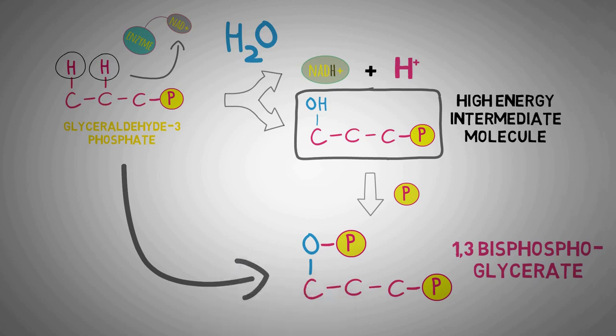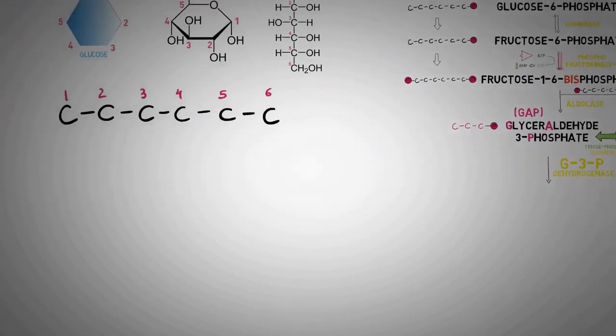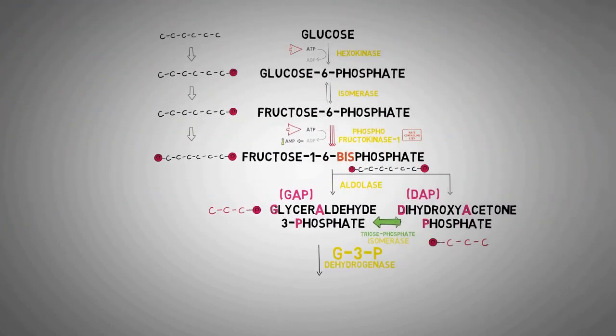Now coming back to the main pathway of glycolysis, we started with glucose, a 6-carbon compound, which is then converted to glucose 6-phosphate, which after a few reactions is converted to fructose 1,6-bisphosphate, still a 6-carbon compound. It is then cleaved into 2 molecules which are 3-carbon compounds, GAP and DAP. Only GAP can proceed further with glycolysis, which is fine as the DAP can be easily isomerized to GAP by triose isomerase.